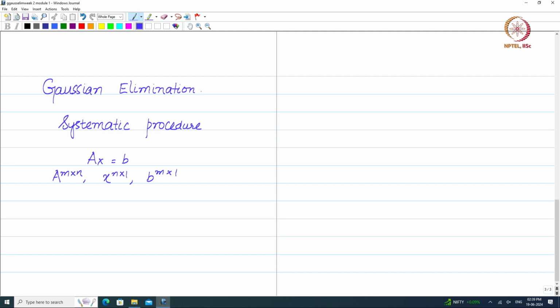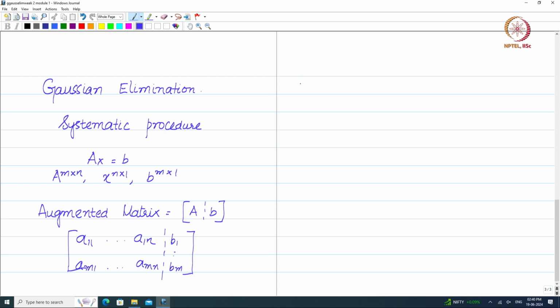Let us define the augmented matrix. The augmented matrix is the matrix obtained by concatenating the column of b with the columns of A. Let us work out an example.